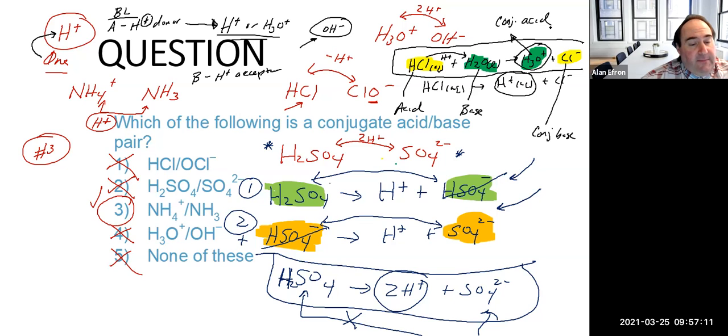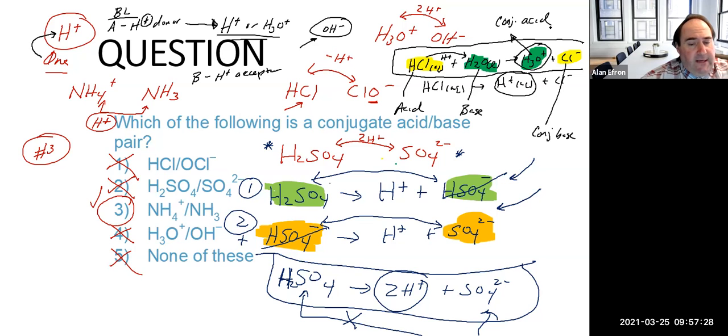For example, number 2 that we crossed out was H2SO4 and SO4 2 minus. They're definitely related to each other, but not as an acid conjugate base pair, because the difference is two steps down the road.